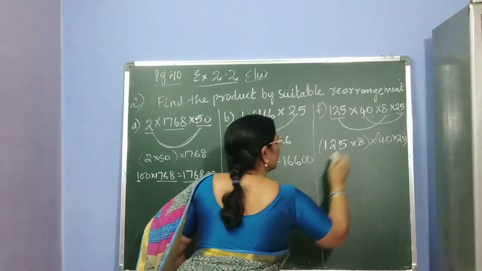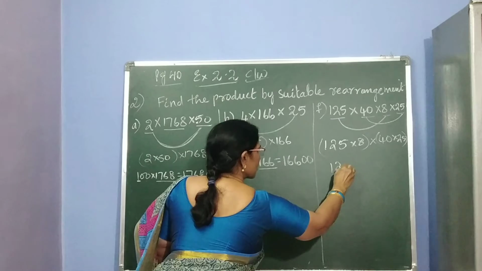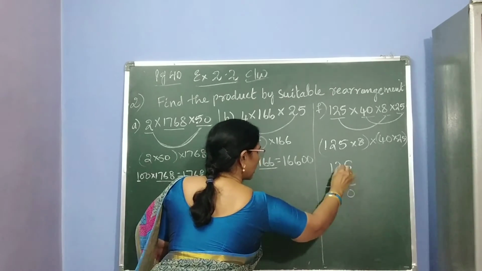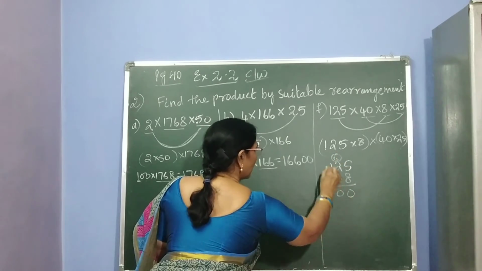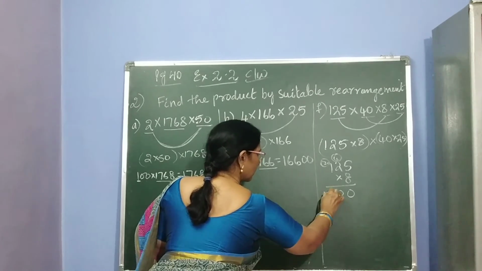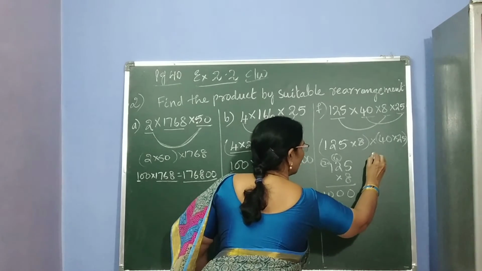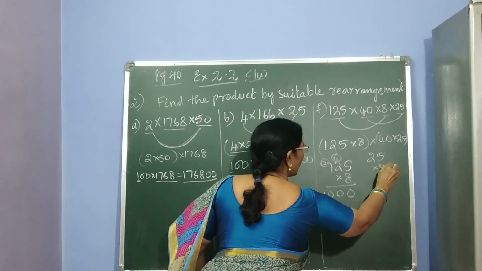Now let's do the multiplication. 125 into 8: 8 fives are 40, 4 carry. 8 twos are 16 plus 4, 20. 8 ones are 8 plus 2, 10. So 1000. Now 25 into 40.